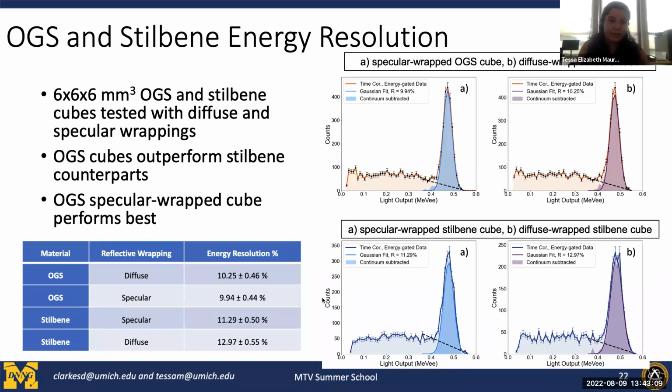And so you can see those energy resolution values listed in this table down here. We tested 4 different configurations. They were all 6 by 6 by 6 millimeter cubed OGS or Stilbene cubes. And we tested different wrappings. And overall, the OGS specular wrapped cube performed the best.